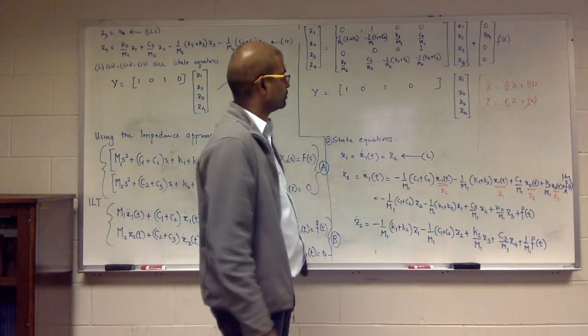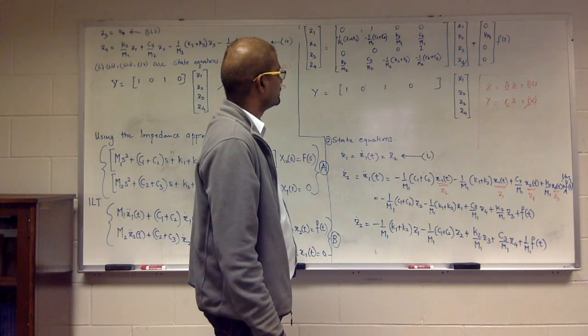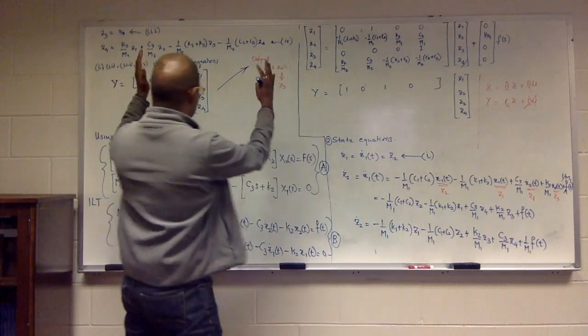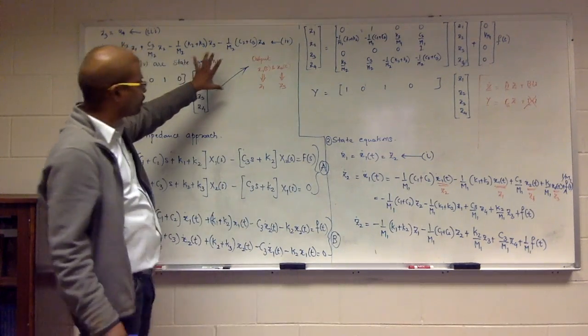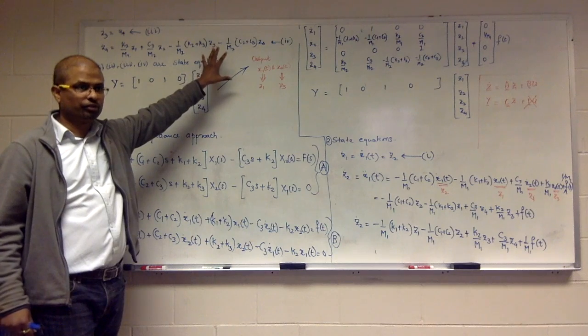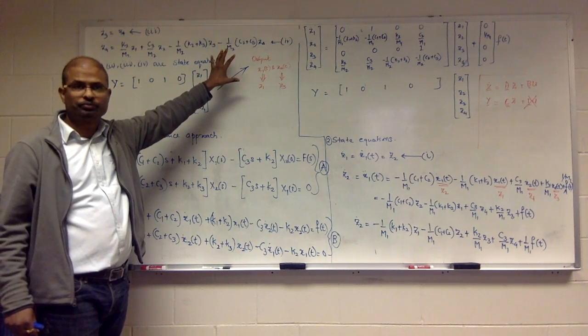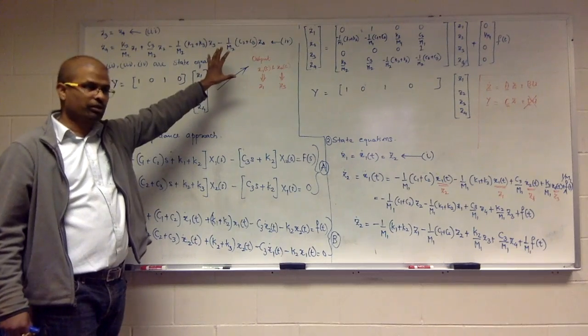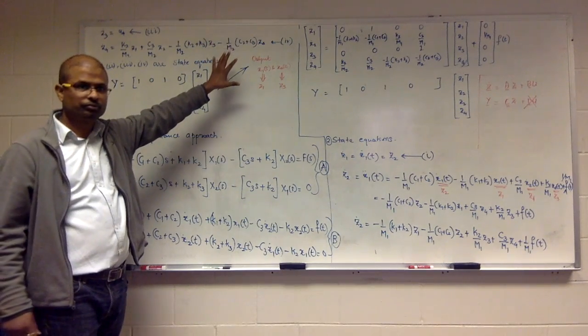Okay. Now, what I want you to understand is, you saw the free body diagram of a system before, when we started this whole thing. You saw a spring mass damper system? You remember? You have it in your notes?